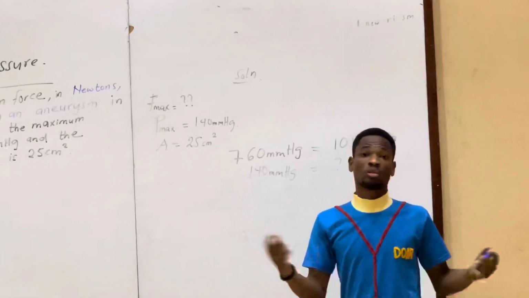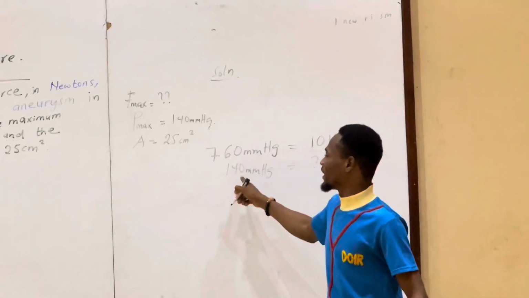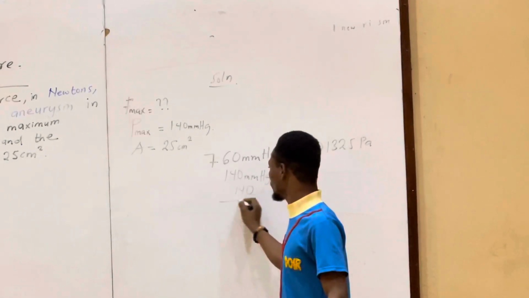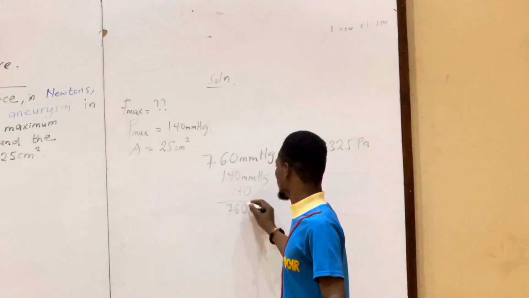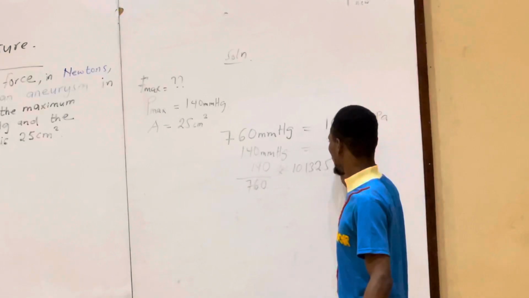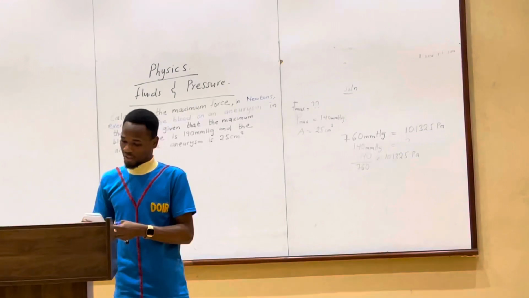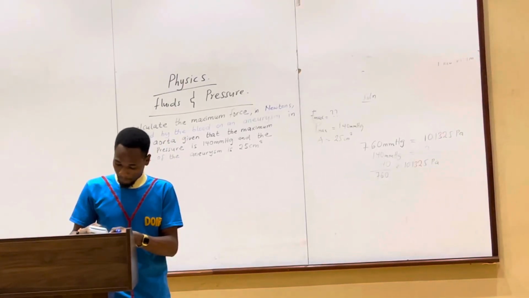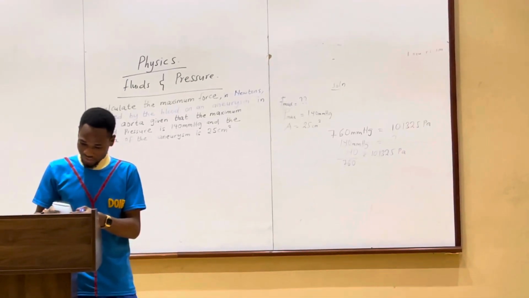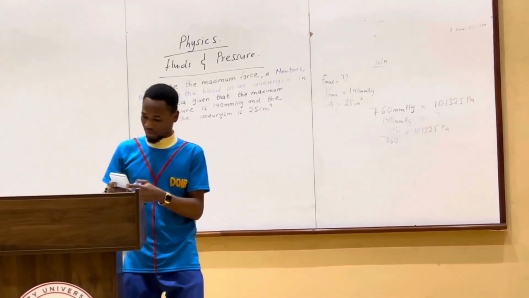And now you use your simple proportion to work out this. So this is less. So if there's more, divide. So 140 over 760 multiply 101,325 Pascal. And clearly, by the help of the calculator, I'm getting 18665.13.